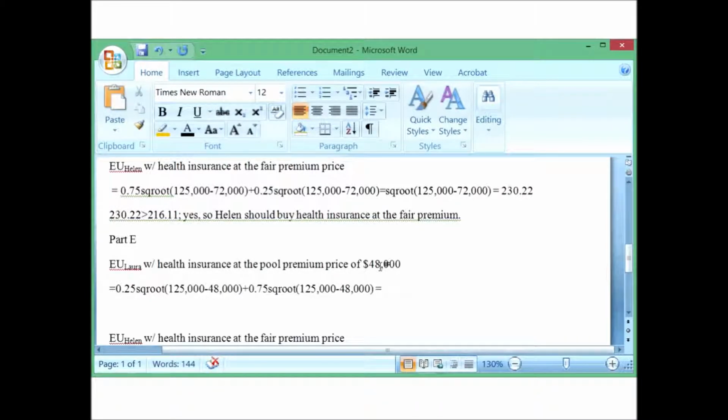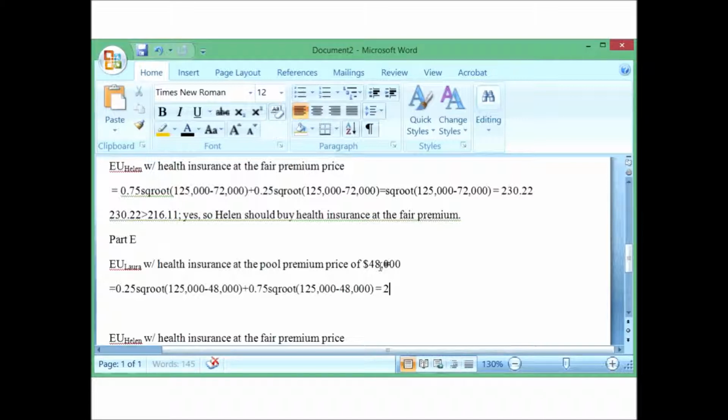Those numbers sound pretty large to me. So again, that's equal to taking the square root of 125,000 minus 48,000. Only once. You don't have to do 0.25 times the square root plus 0.75 times the square root, because algebraically we know it just makes up 1.